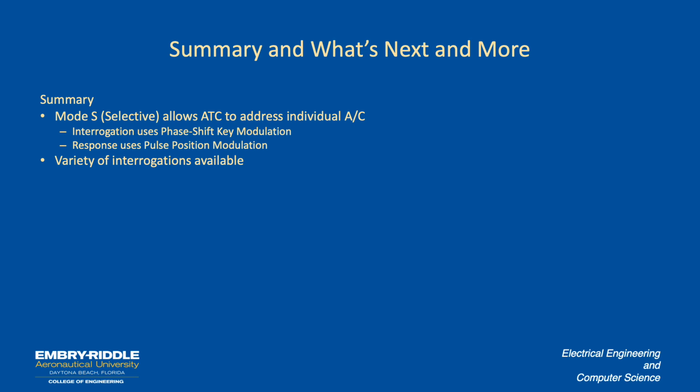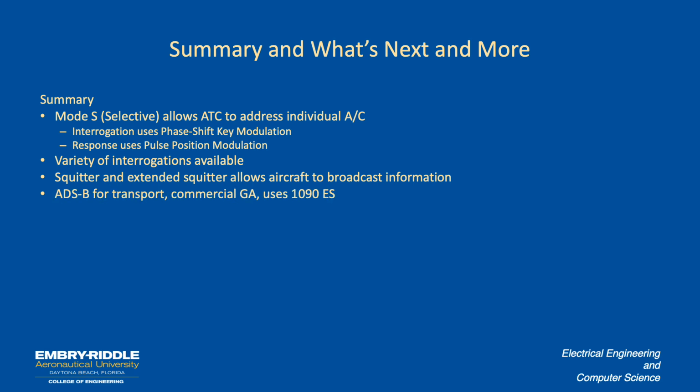And so the aircraft can respond to those interrogations, and it can also send that information out to other aircraft on a regular basis using extended Squitter. And then ADS-B is implemented for transport and commercial general aviation using 1090 extended Squitter technology. So that's sort of it for navigation and technologies related to navigation and surveillance.